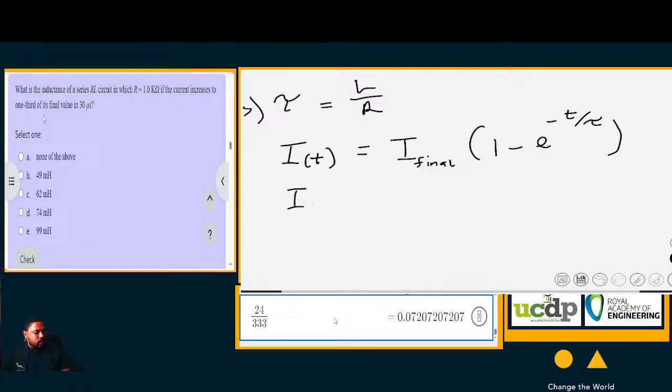So the current in terms of t is equal to 1/3 of its final value, one third of its final current. What would be the inductance if it's 1/3 of its final current?